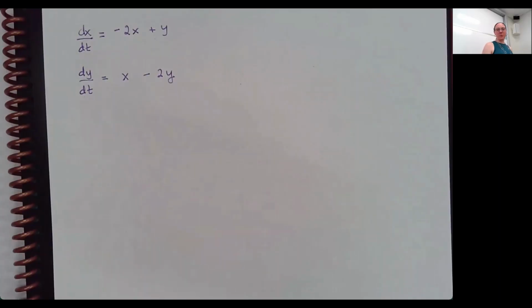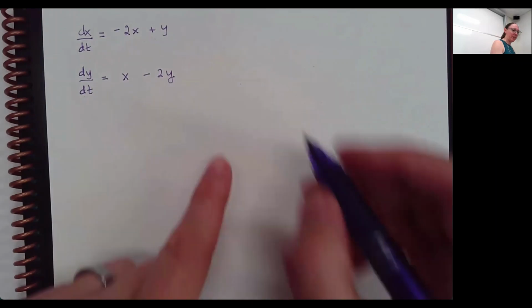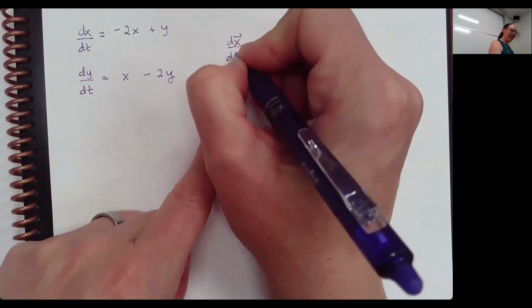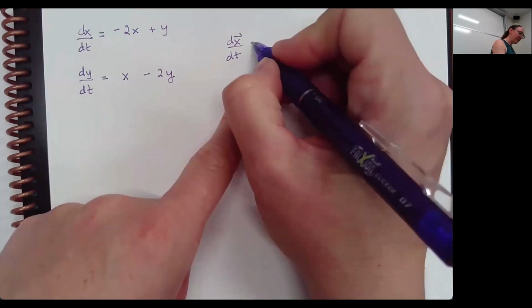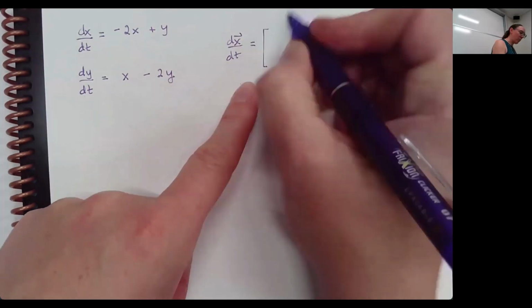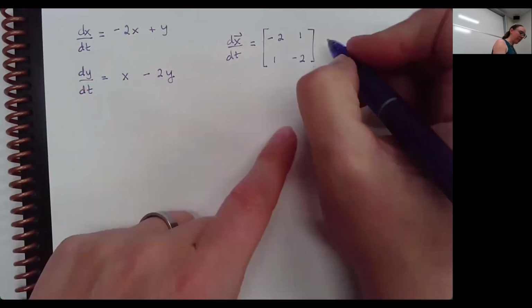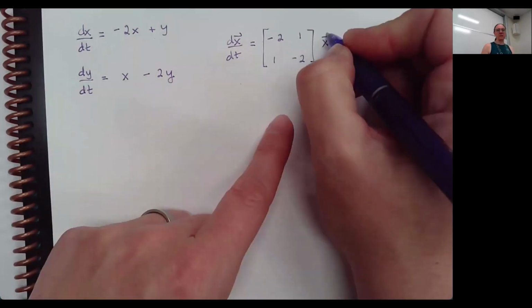Set this up as a matrix equation to say d/dt of an x vector is equal to the matrix [-2, 1; 1, -2] times my vector x.